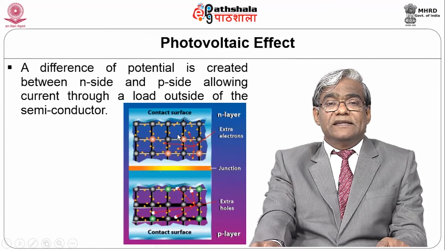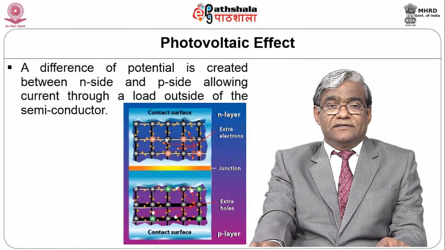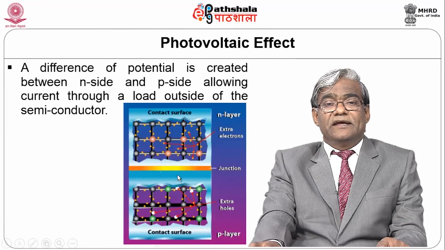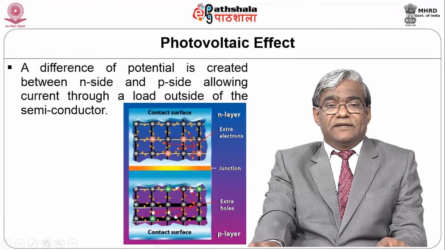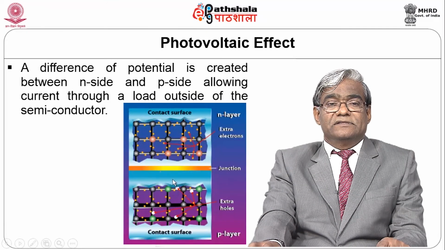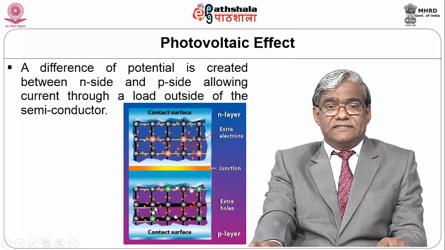This is the n layers and p layers and p n junction, and the holes are filled with the n type electrons, and the difference of potential is created between the n side as well as the p side, and it allows current to flow. This is the semiconductor device.